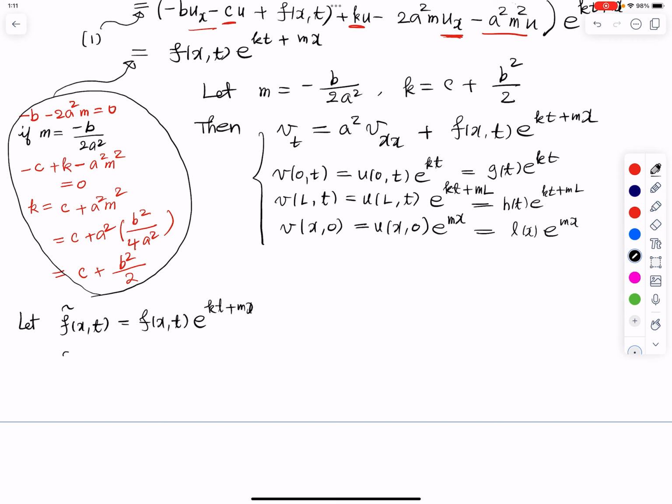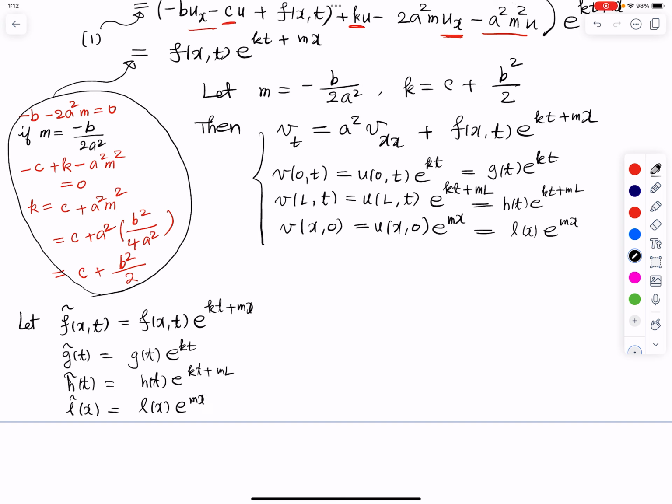My g tilde t equals gt exponential kt, and h tilde t equals ht e to the kt plus ml. L tilde x equals lx e to the mx.